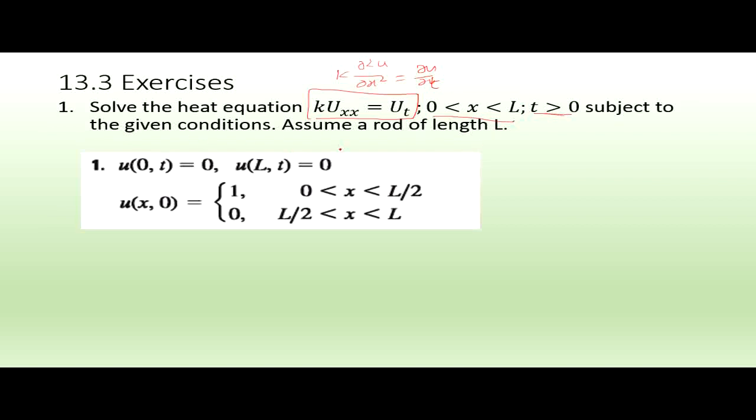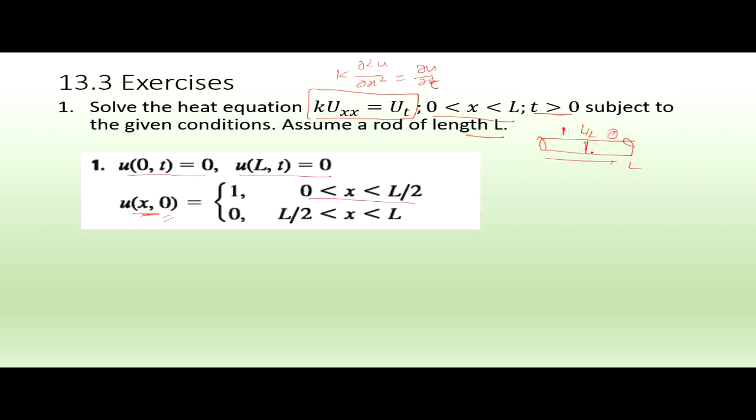Subject to the given conditions, assume a rod of length L. Boundary conditions: at the edges, the temperature is considered to be 0, and the initial temperature is given as a function of x, which is 1 for the first half of the rod, and for the second half of the rod it is 0. The total distance is L. For the first half, L over 2, the temperature is 1, the initial temperature when time t is 0.